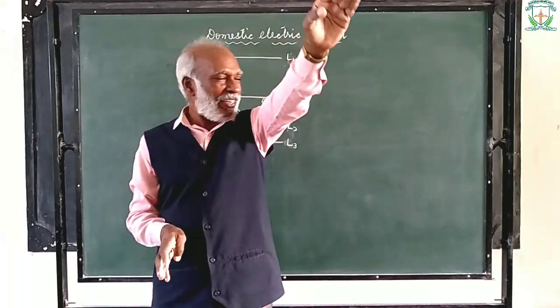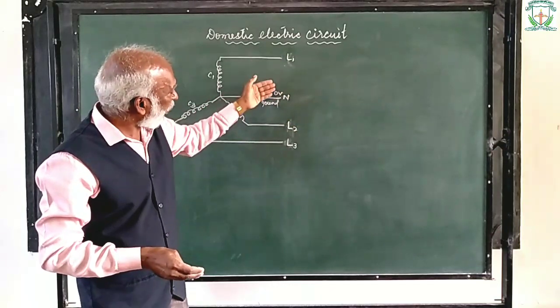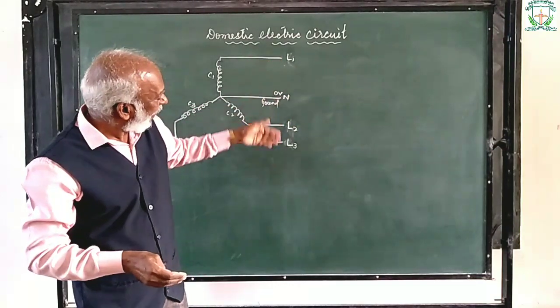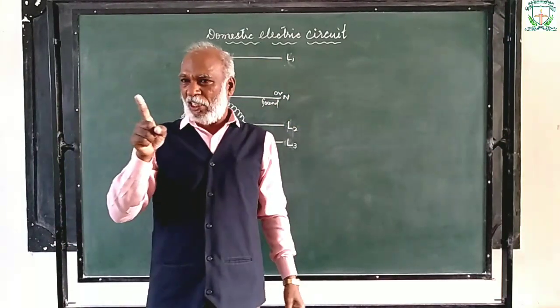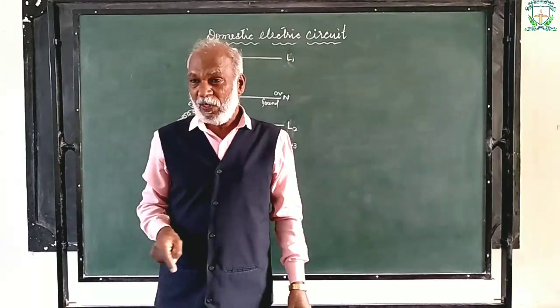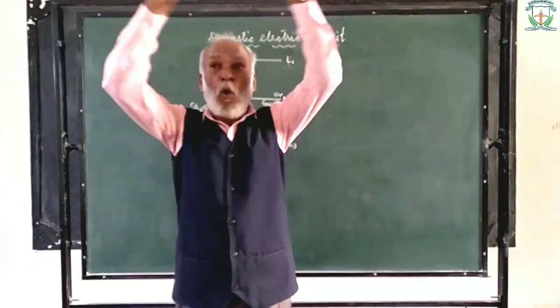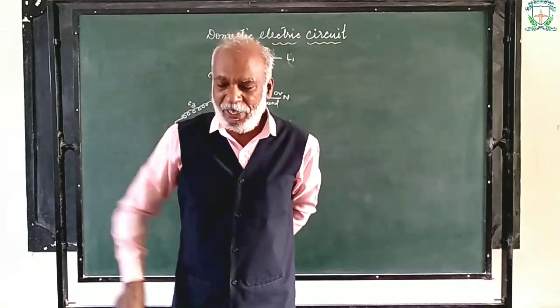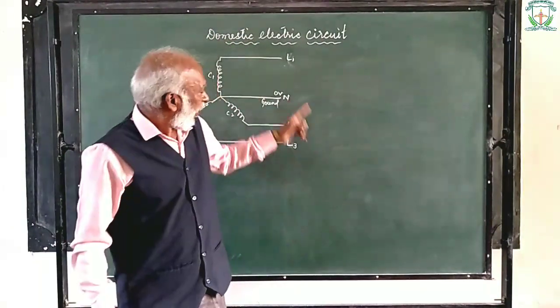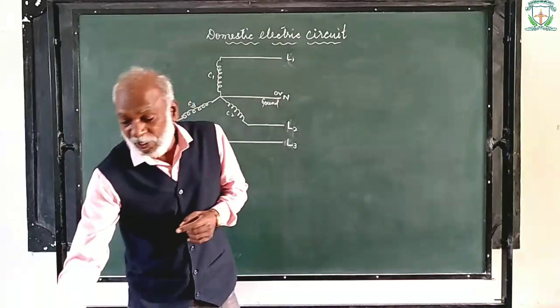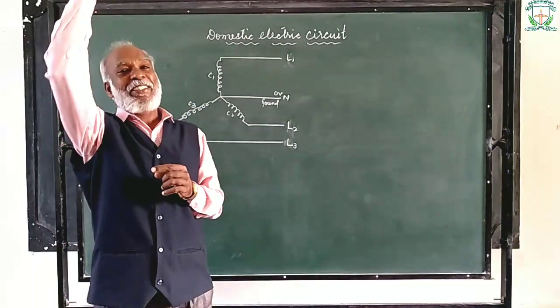The other side you see all the 4 wires. So one of the 4 wires is the neutral wire. And if you observe the transformer and the poles properly, you can see one of the wires is drawn from the earth.